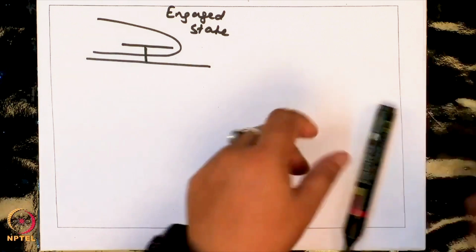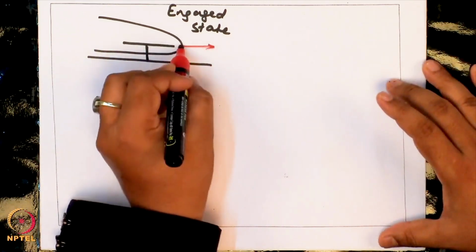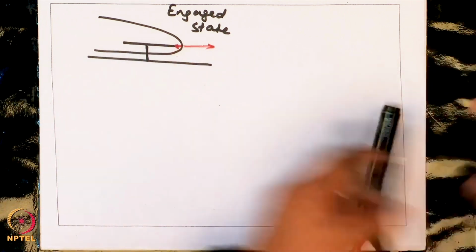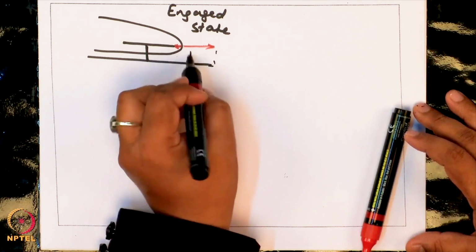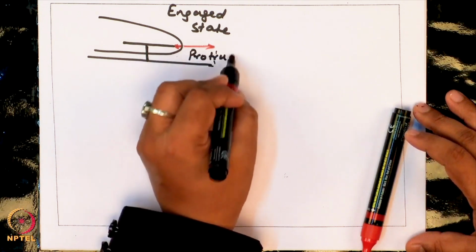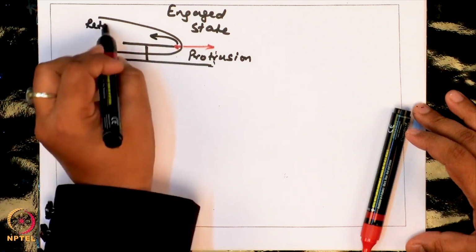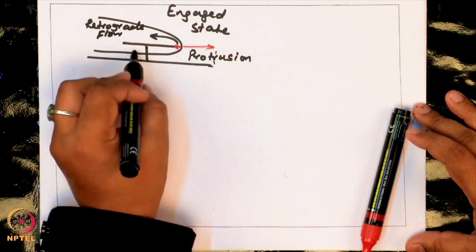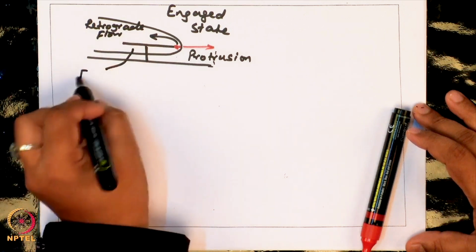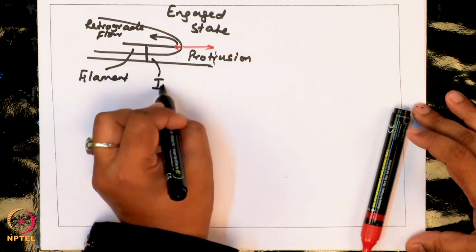You have two things: this is the protrusion and this is the retrograde flow. What I have drawn here is the filament and this is the integrin connection.